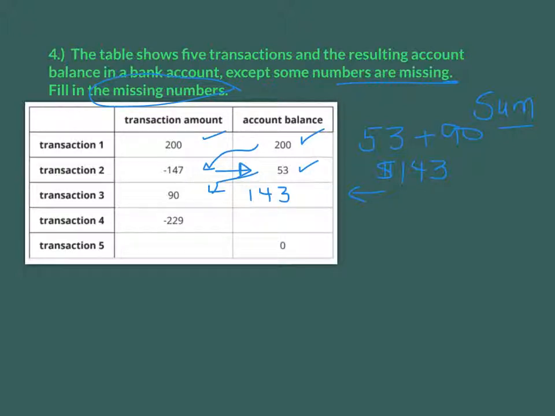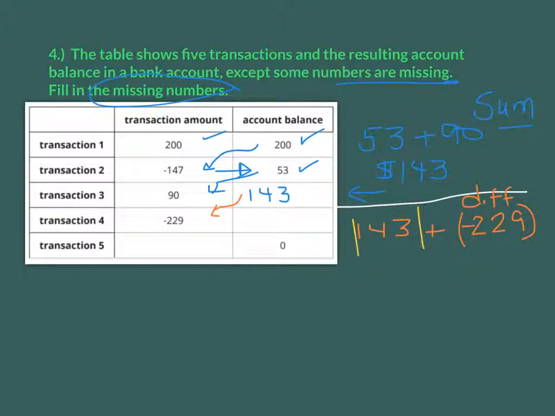Next, I know that I'm going to be starting with the 143, and that's what's going to happen to it. So I start out with 143, that is positive, and to that I'm going to add negative 229. Sorry about that. So here the signs are different. Find the difference. So I have to find the absolute values of both of these numbers.